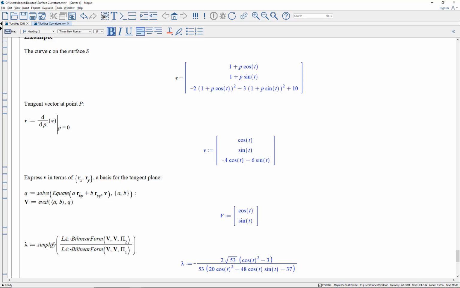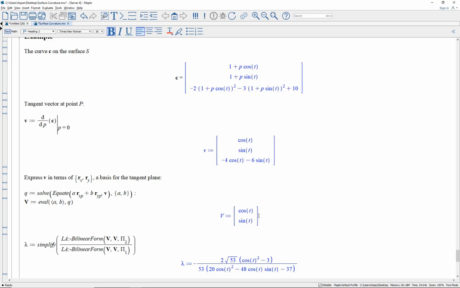Okay, so R_x, R_y are a basis for the tangent plane. And I'm working at the point P, so I use the numeric R_x(p), R_y(p). I take a linear combination of these two vectors, and I equate that to this vector v, and I want to know what are the a and b that allow me to represent this vector in terms of these two vectors. And so that pair a, b is now a 2-component vector in the tangent plane.